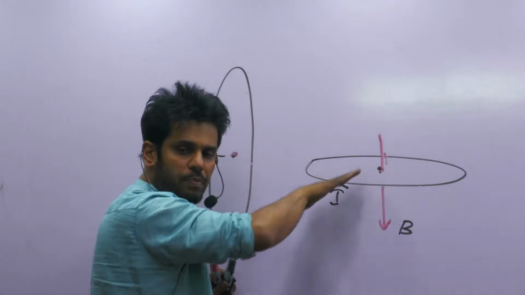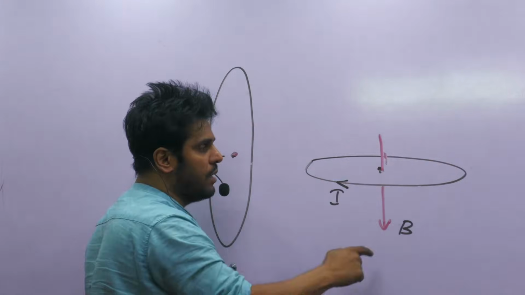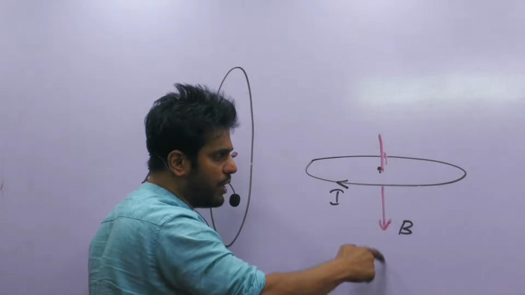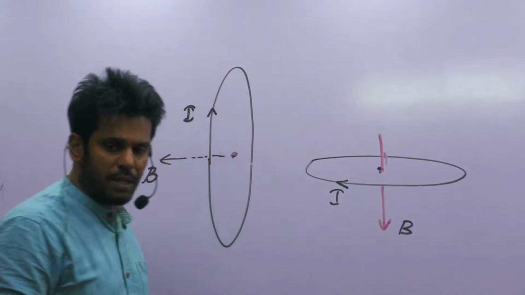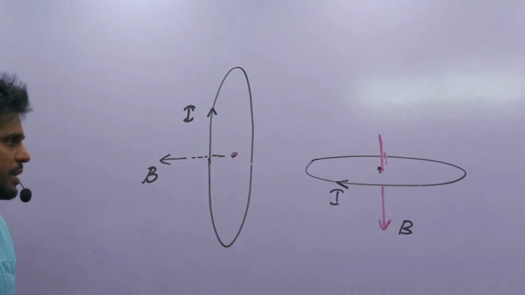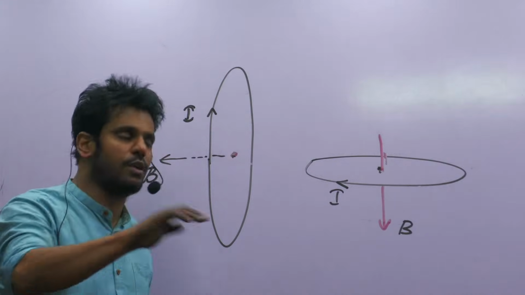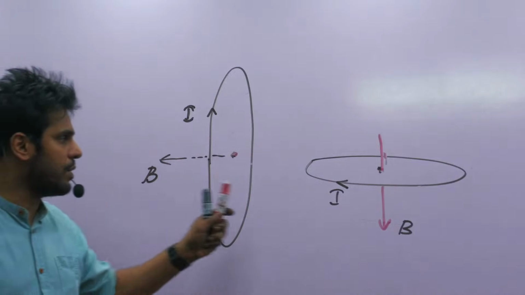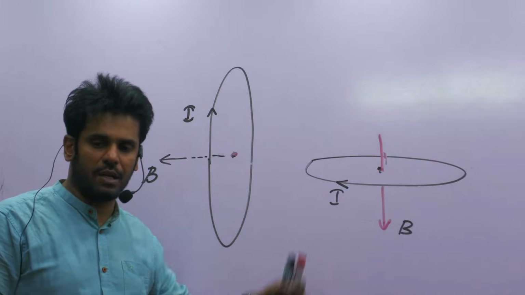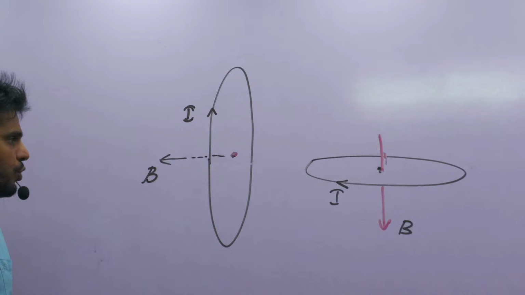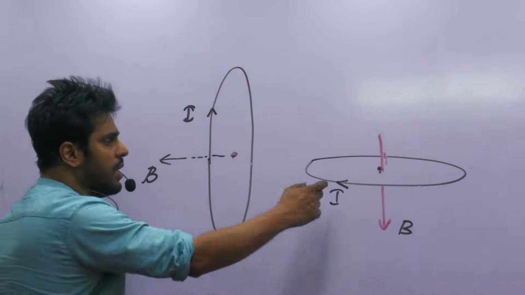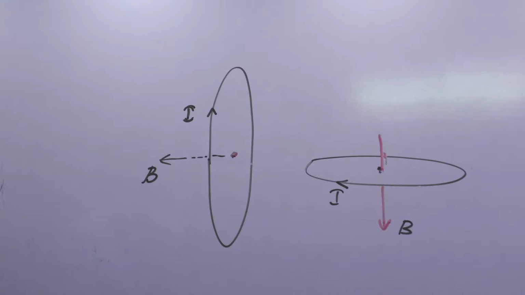Plane of loop horizontal, direction of magnetic field vertical. That is the method to find the direction of magnetic field when you have a connected loop. So everyone draw these two diagrams first.